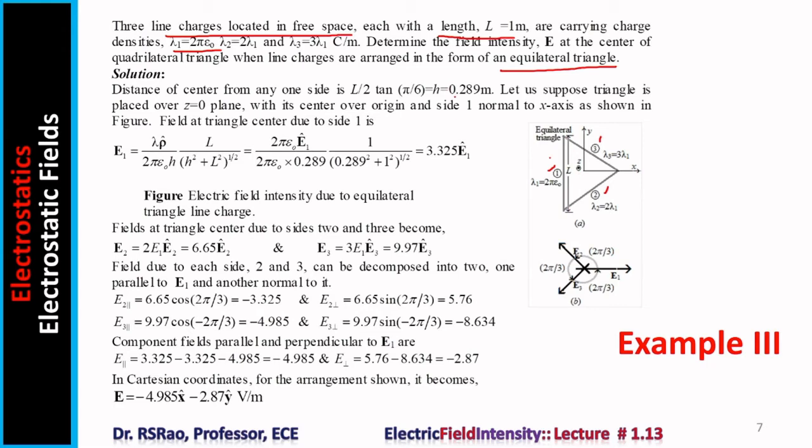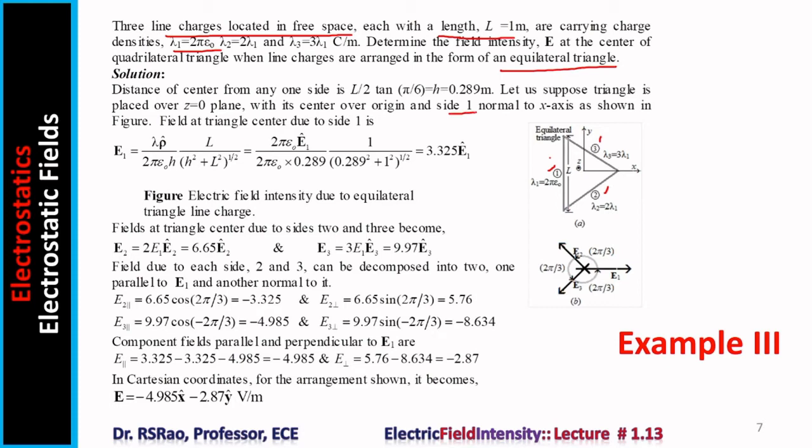The distance one can find out as L by 2 tan pi by 6, 0.289 meter. Let us suppose the triangle is placed over z equal to 0 plane with its center over the origin and side 1 normal to x-axis as shown in the figure.